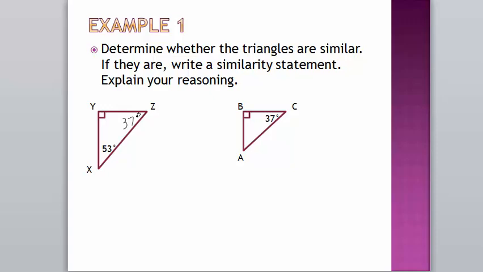So we go ahead and say triangle XYZ is similar to triangle. Now, if I started with X, then went to Y, then went to Z, I've got to go 53, 90, 37. I have to go A to B to C. So I'll say triangle XYZ is similar to triangle ABC.